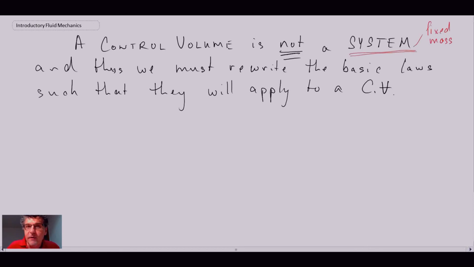We need to express those in a form where we can allow mass to cross the boundaries. So in this lecture segment, we're going to go through a derivation of a way to recast conservation of mass, momentum, and energy for a control volume formulation. It's going to be kind of long and kind of theoretical, so bear with me, but we're going to walk our way through and get in the position where we'll have the equations so that we can do control volume analysis.